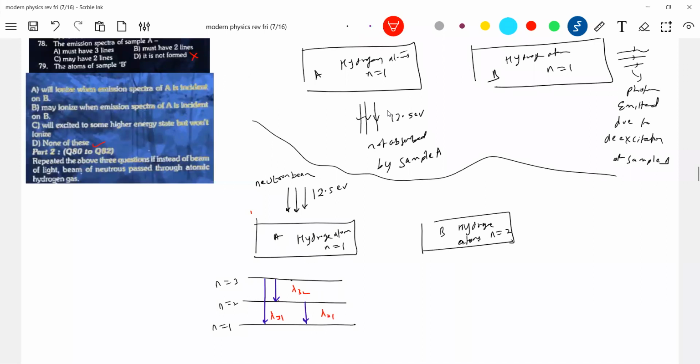So what all can absorb this? n equal to 2, no? It may get ionized. Any photon can ionize it.